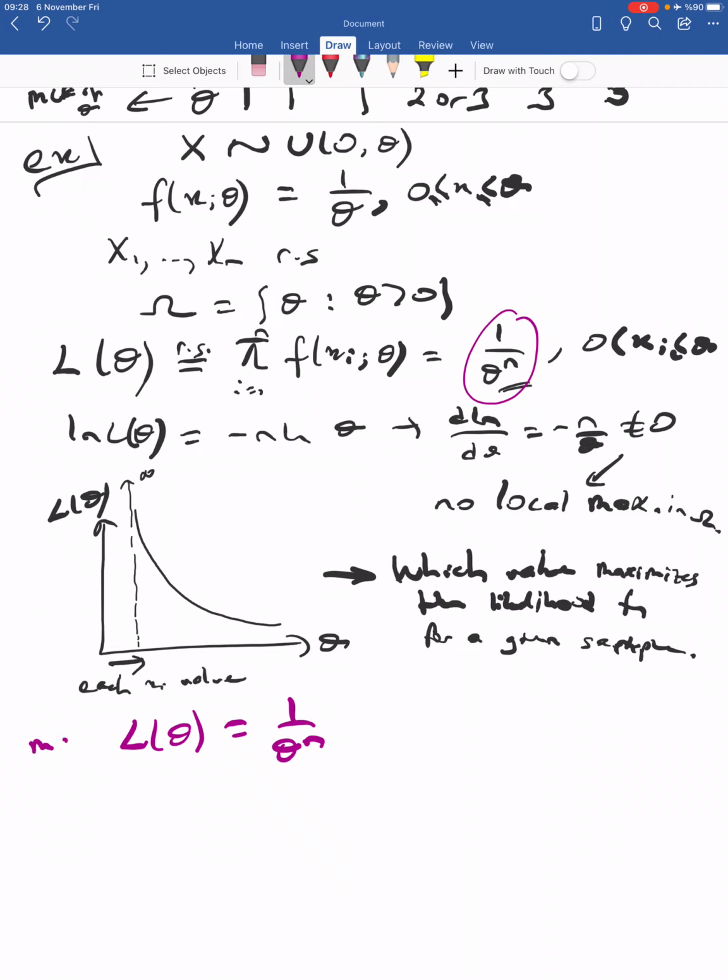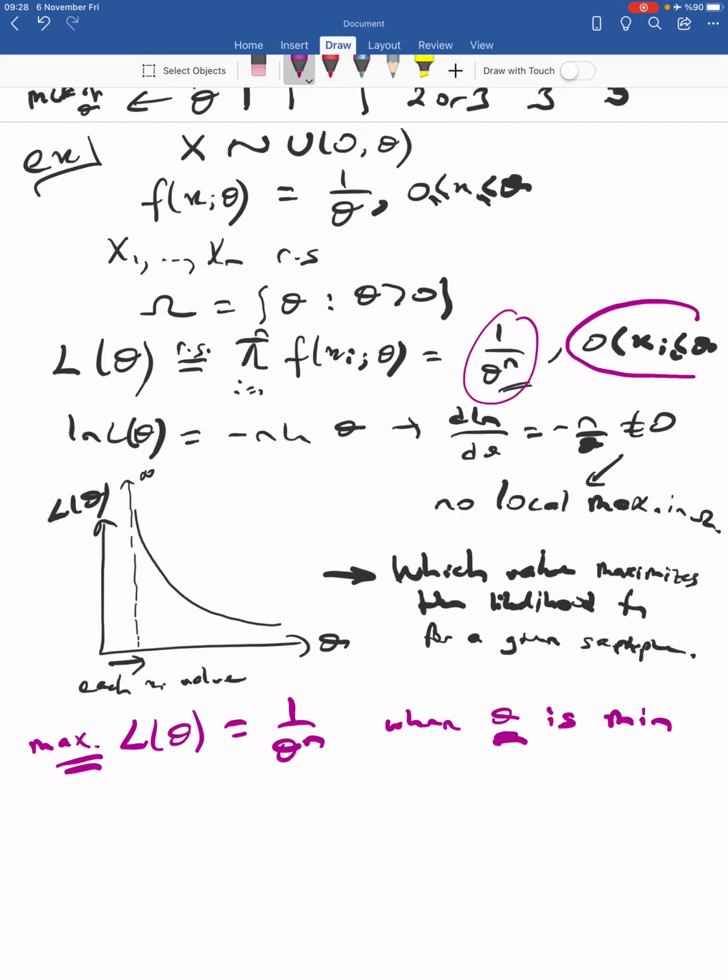This likelihood function is maximum when theta is minimum. So how can we find that? We cannot use differentiation, so we have to look at the range or boundary of theta and see which value of theta maximizes the likelihood function.